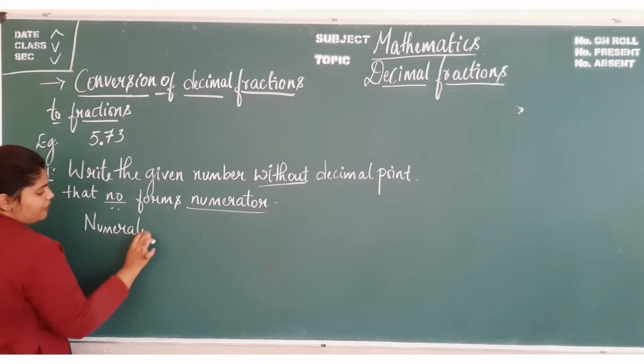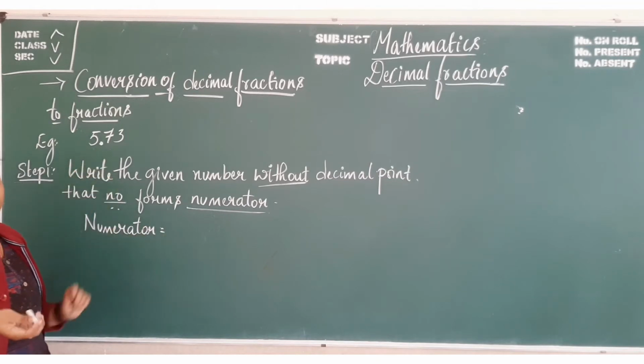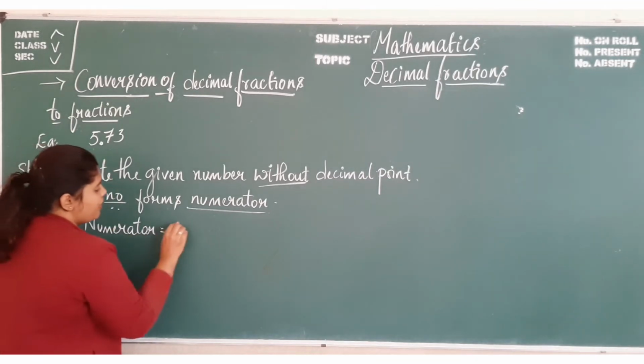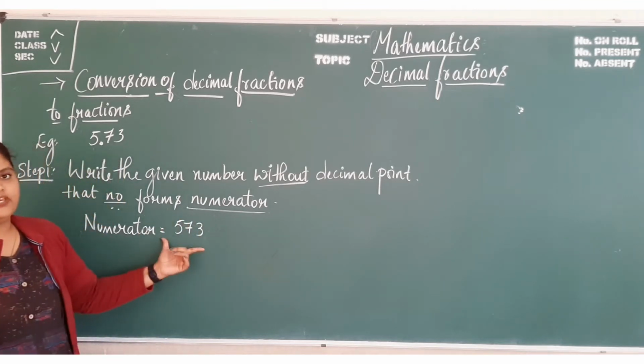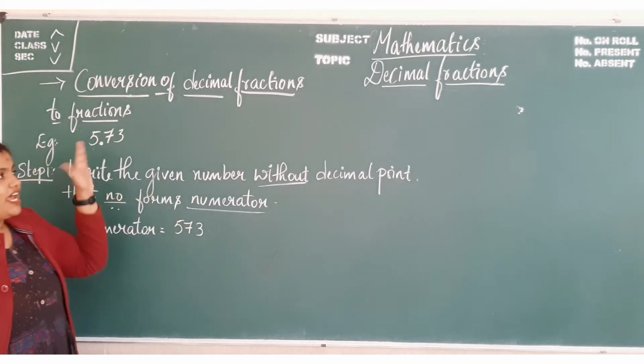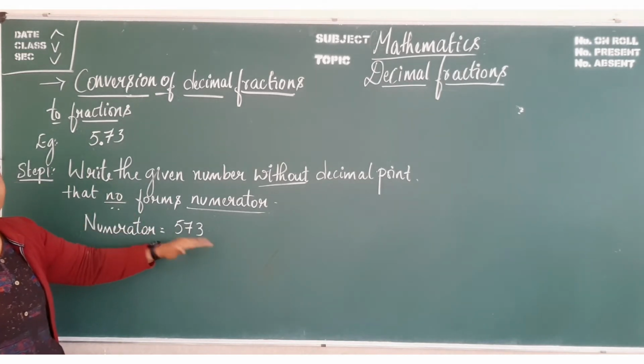What should I write? Very good, 573. So this will be your numerator.